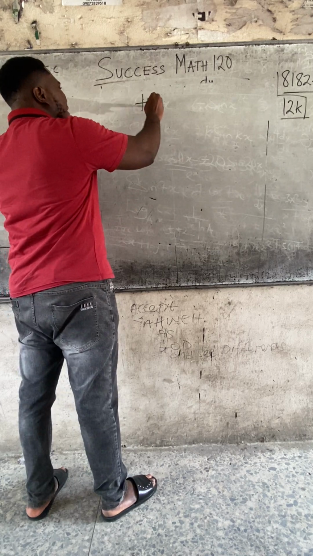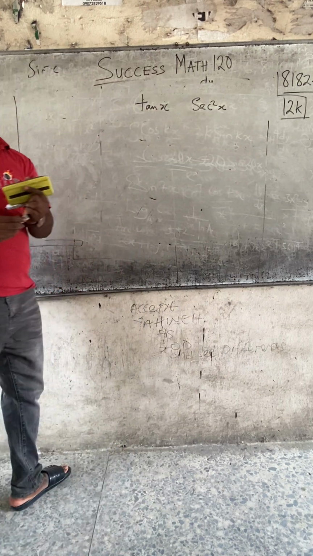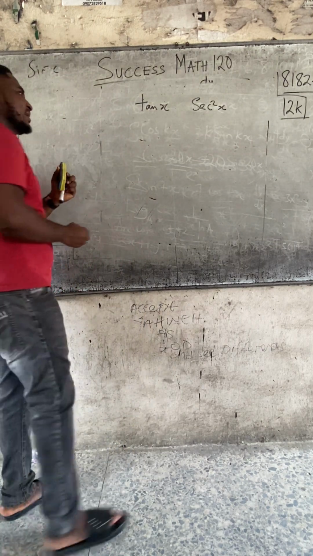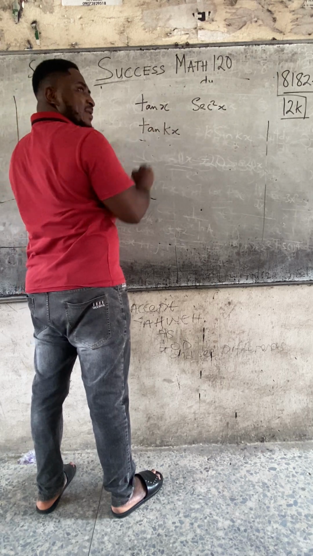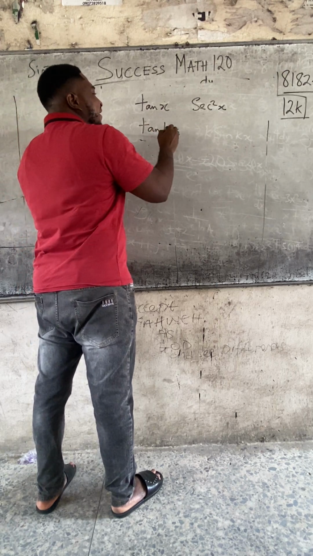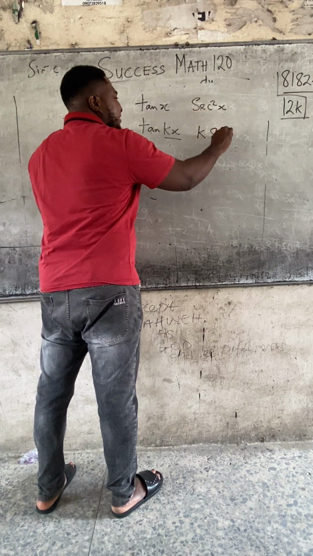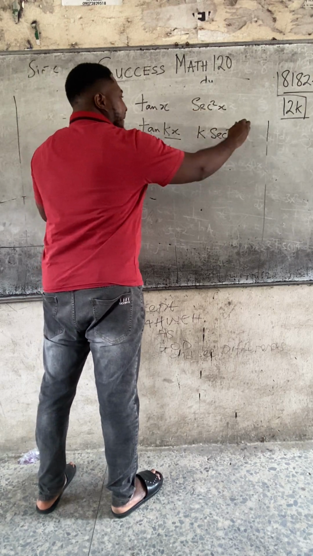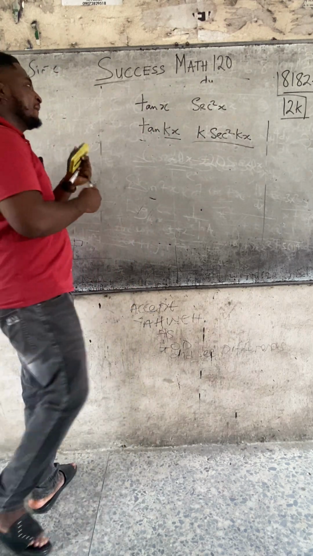Differentiate tan x. What do we have? Sec square. Differentiate tan x, you have sec square x. But differentiate tan kx. What will you have? Differentiate kx. What do you have? k. Tan changes to what? Sec square. Repeat your kx. One more time.